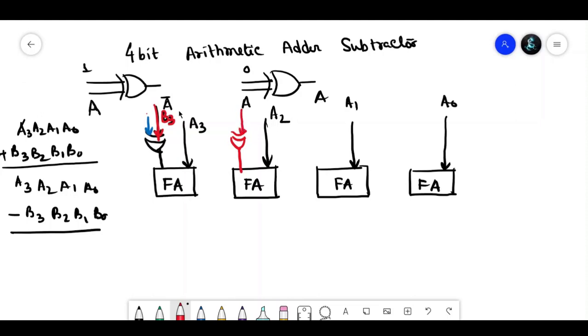This is one input. Similarly, XOR gate. This is one input. Similarly, the XOR gate. This is one input. So all the inputs, that is B0, B1, B2, B3, these are the inputs. And another input is connected with this.